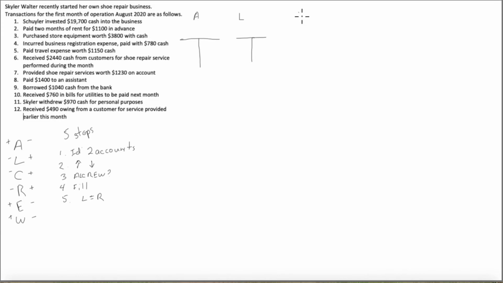We're going to need a capital or owner's equity chart. We're going to need a revenue chart. Just drawing one T-chart per account for now. And as we need them, we'll just draw them in.